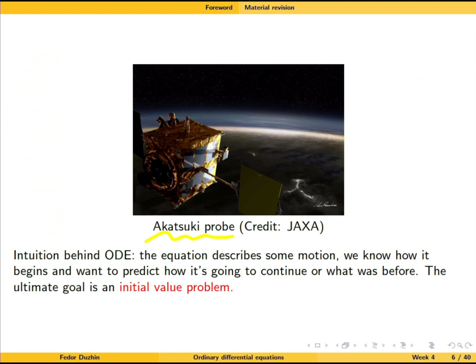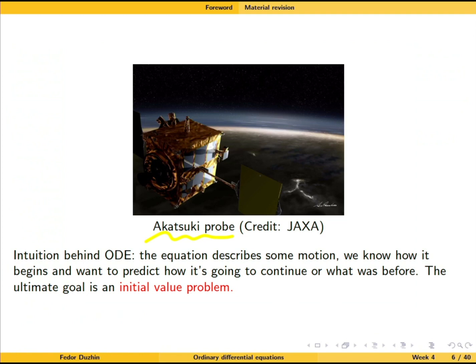It was supposed to enter the orbit of Venus, but then its engine broke. Of course, it happened when it was approaching Venus. Since the engine broke, it couldn't enter the orbit, and it just proceeded and orbited the sun instead.